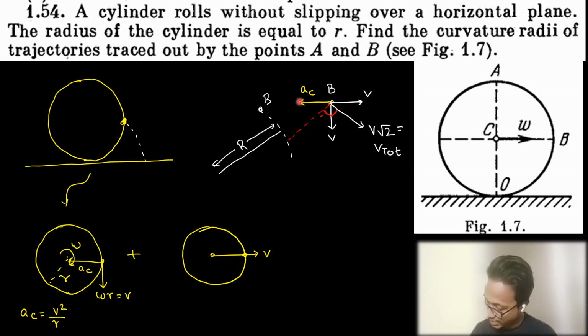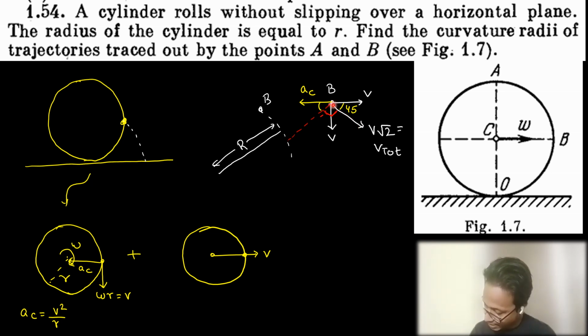So can I take the component of acceleration along this line? First you need to find out what this angle is. This angle is nothing but 45 degrees. How? If this is v and this is v, this angle is 45 degrees because both the vectors are equal.